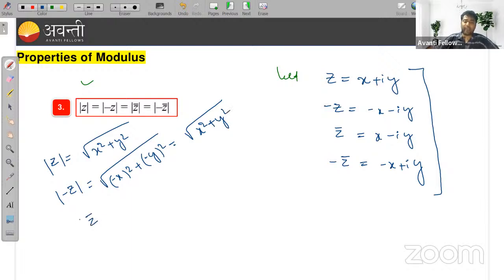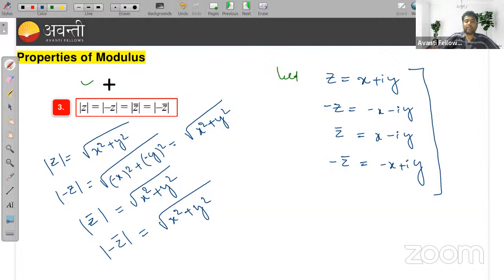Similarly, the modulus of conjugate of z gives x square plus minus y square, and the modulus of negative of conjugate of z also gives x square plus y square. That means for all these 4 complex numbers, the modulus is always the same. Remember, it is important.